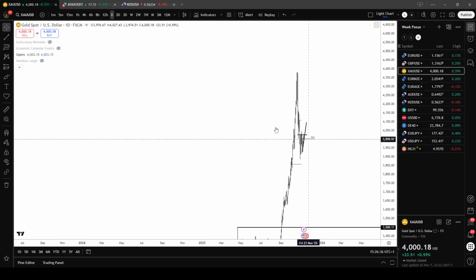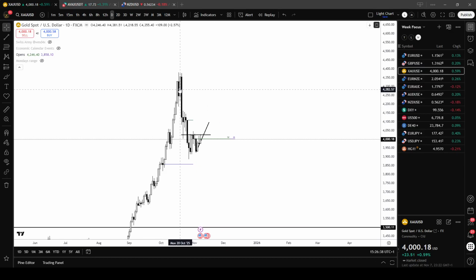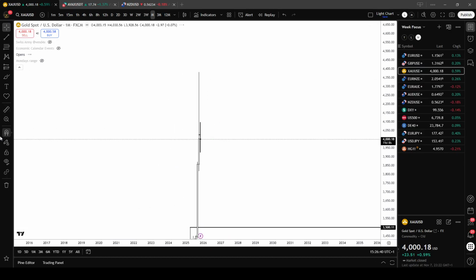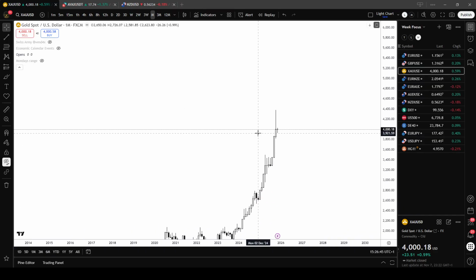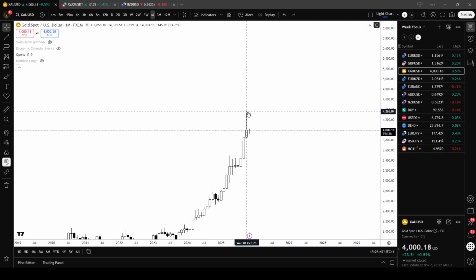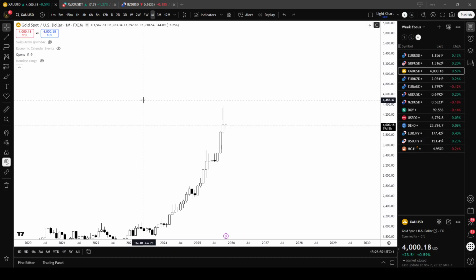So let's look at the monthly candle. Yeah, we saw gold chill after this huge breakout and peak euphoria here. I think gold is gonna do great in the next year. I think 5K is totally within reach.